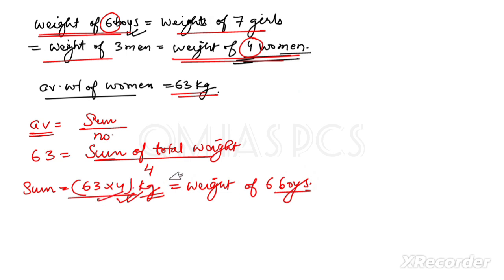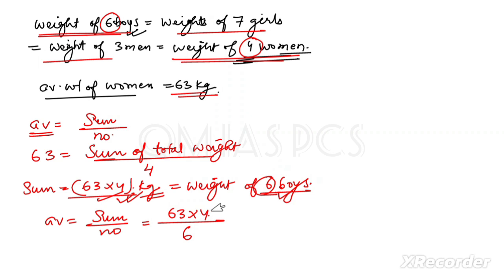Now we have to find the average value for boys, which is total sum divided by total number. Here the sum will be 63 multiplied by 4, and the total number will be 6 now, not 4. Just keep in mind, not 4 or 7 or 3, it will be only 6, because the total number of boys was 6.